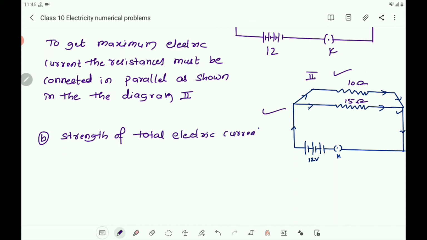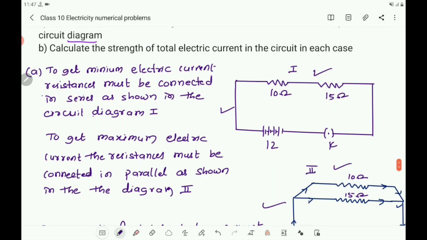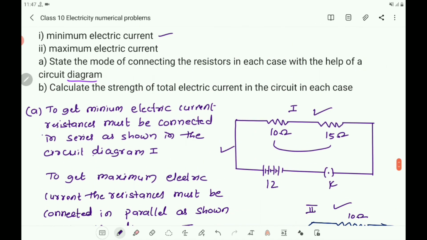First one, in series connection, you know that the resistance adds and the total resistance is 10 plus 15, 25, and in each resistance equal current flows.